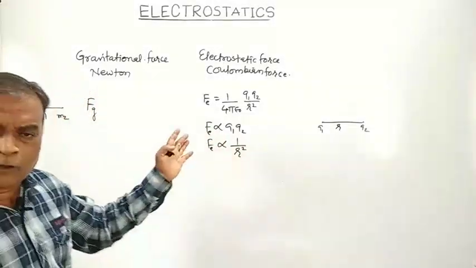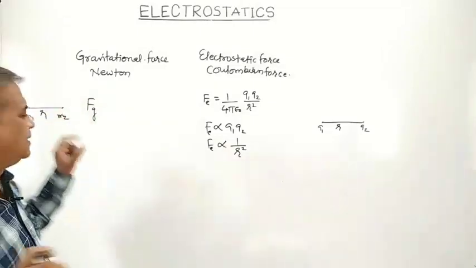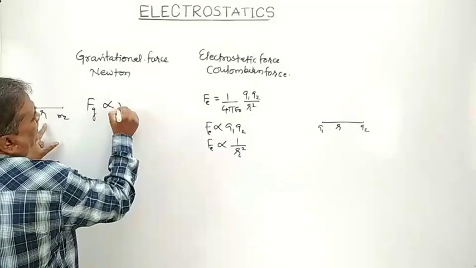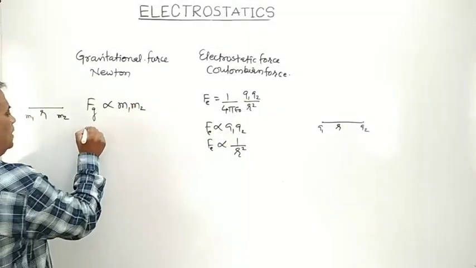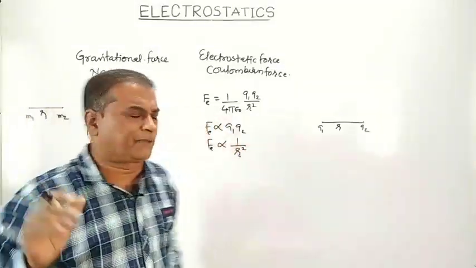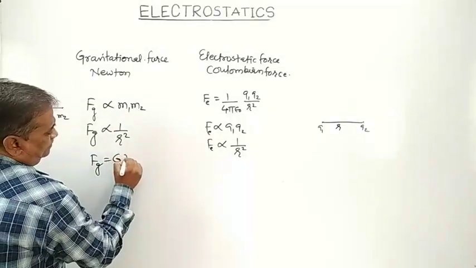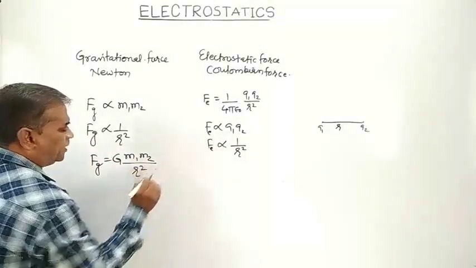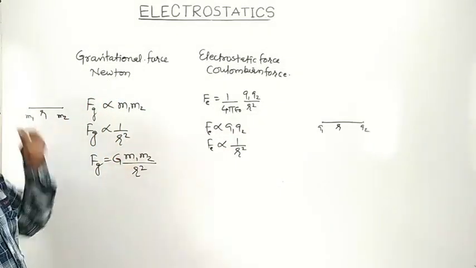So the gravitational force of attraction between two point particles of masses m1 and m2 separated by a distance r is proportional to the product of the masses of the two particles. This gravitational force is inversely proportional to the square of the distance of separation between them, or the gravitational force of attraction between the two point particles of masses m1 and m2 separated by a distance r is given by F_g equal to G m1 m2 upon r square.